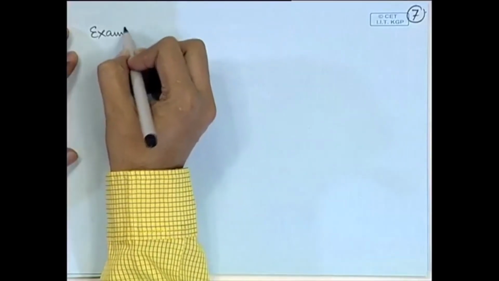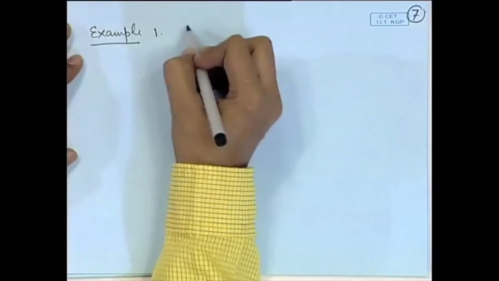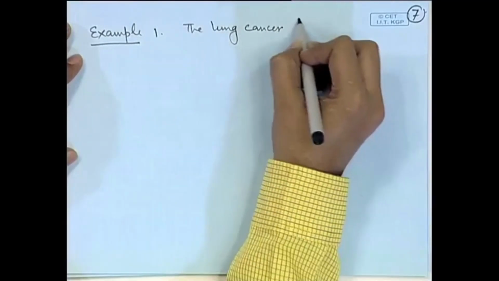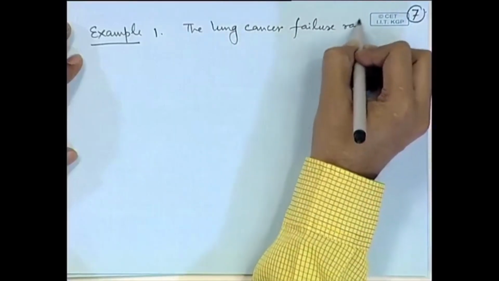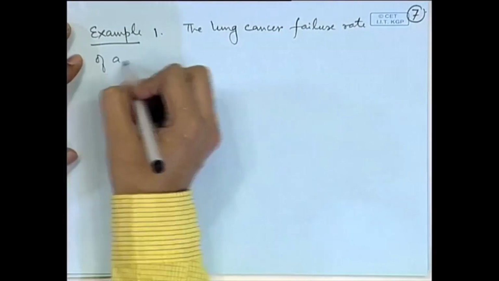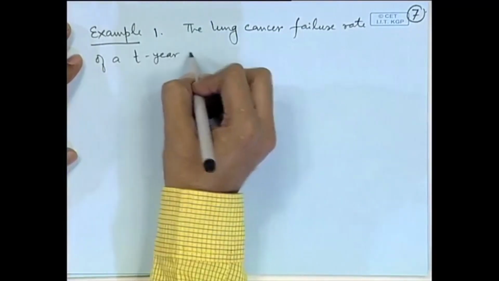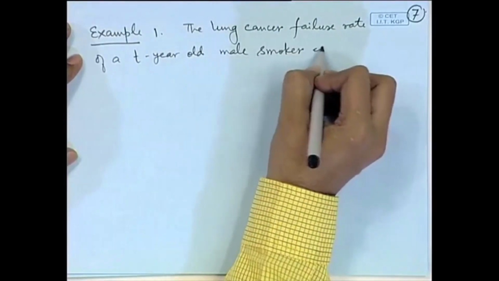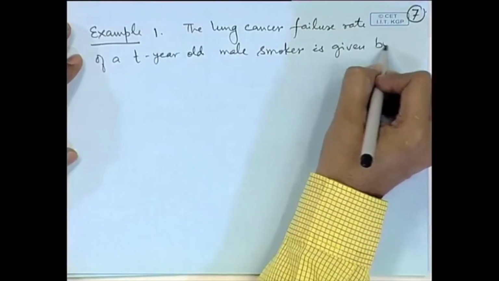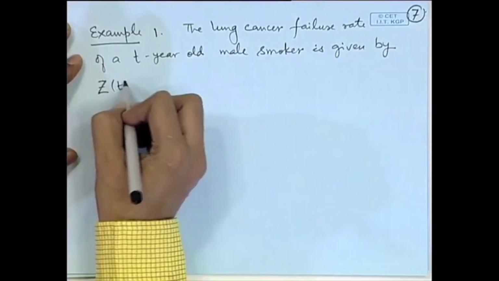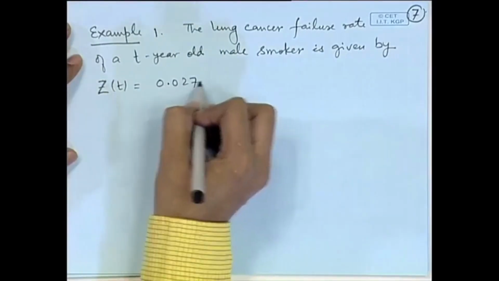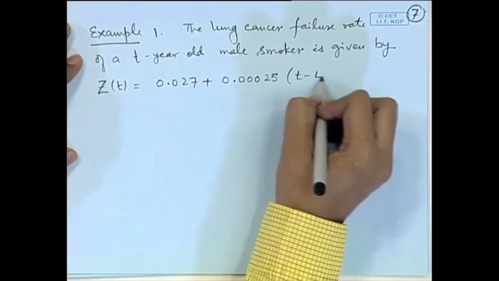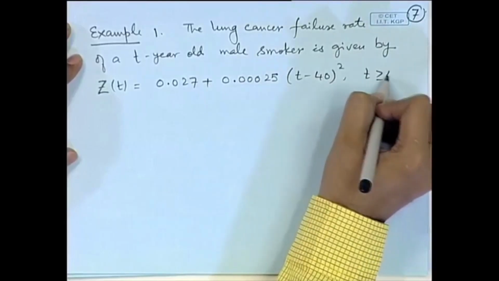Let us look at one application. The lung cancer failure rate, that is the hazard rate, of a T-year-old male smoker is given by z of t equal to 0.027 plus 0.00025 times (t minus 40) squared for t greater than or equal to 40.